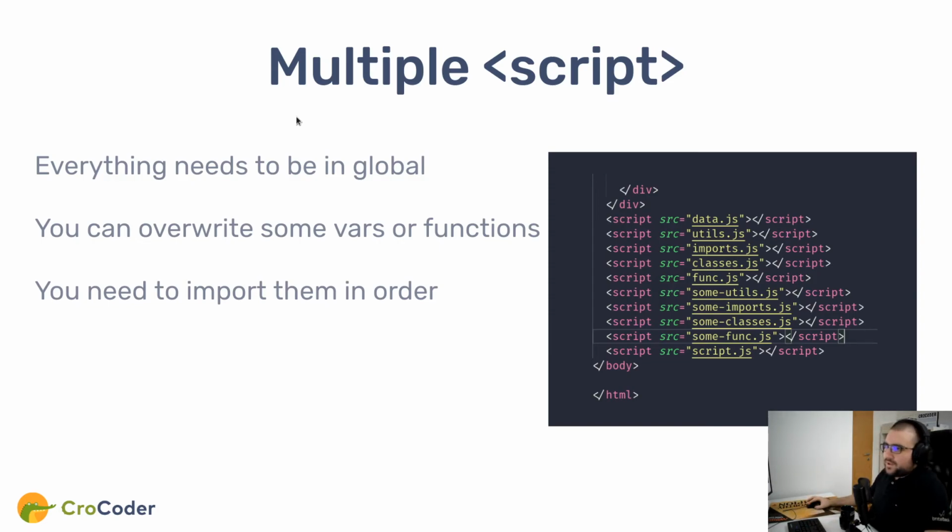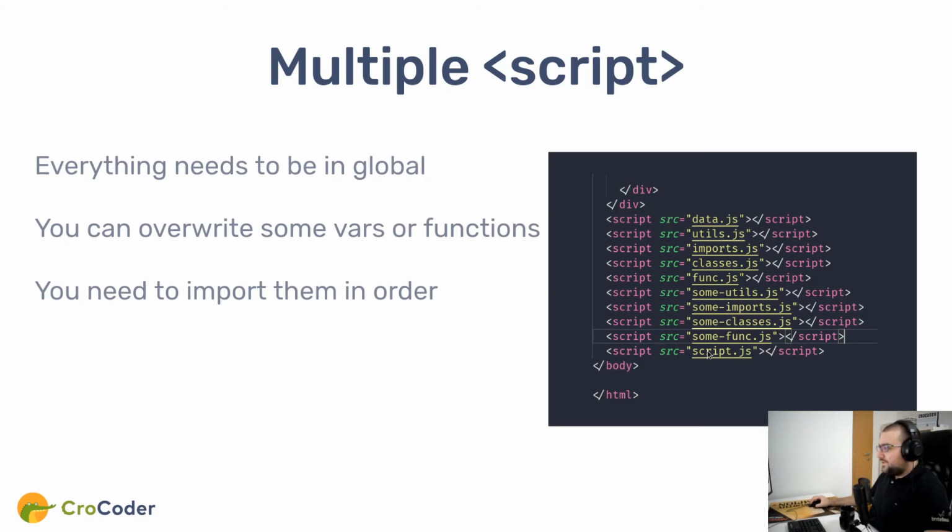We can do it easily by including it all in an HTML file. But the problem is, if you want some variable to be used in script.js from data.js, you need to save it in the global scope. You can also override some variables or functions with this way of putting things in the global scope.